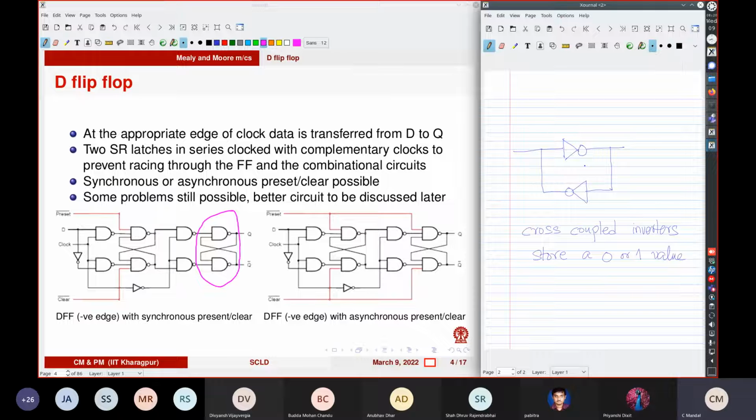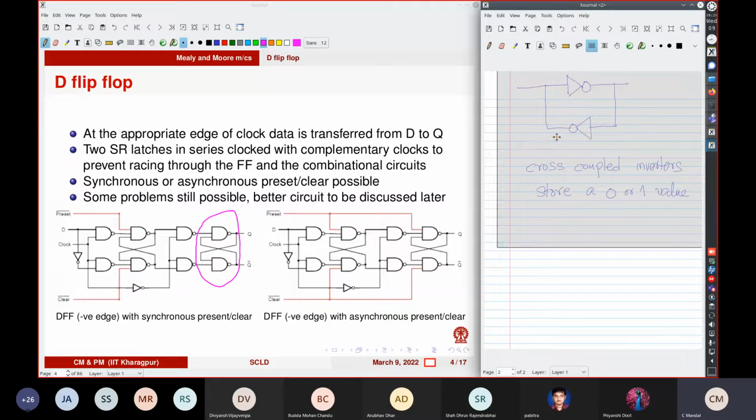So, instead of having a cross-coupled inverter like this, we instead have something a little different.